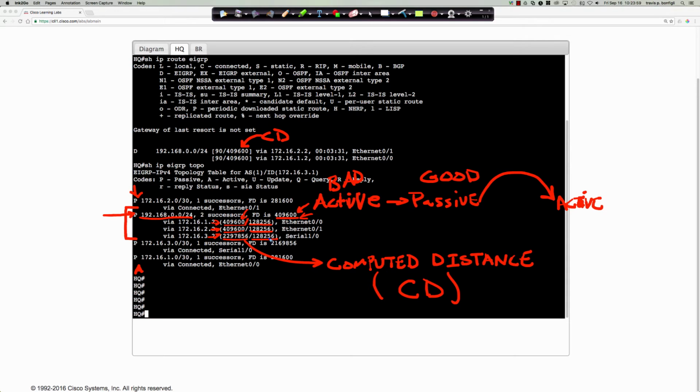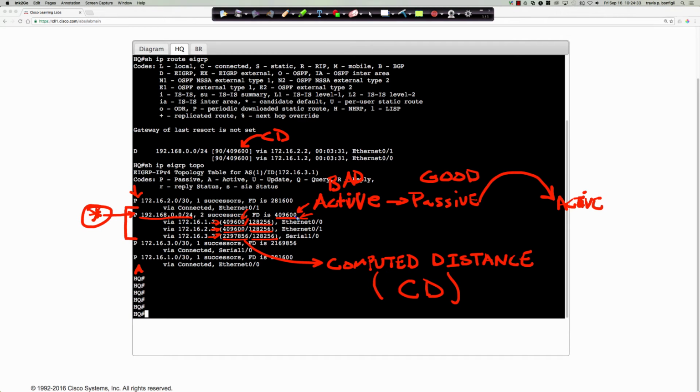And remember, the reported distance is the distance being reported by the successor, right? So the successor is reporting the reported distance, which is the next hop router's view, or the next hop router's cost metric, composite metric, their cost to get to that successor route. That is the reported distance.